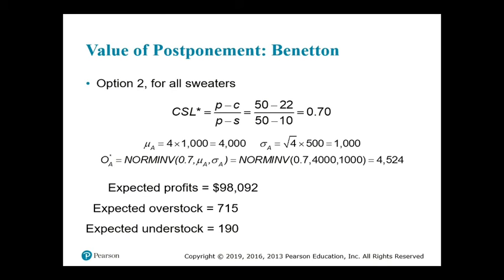So when demand uncertainty is lower, then there's less of a need to aggregate demand uncertainty, right? And we need to also trade off the higher production cost versus this benefit.